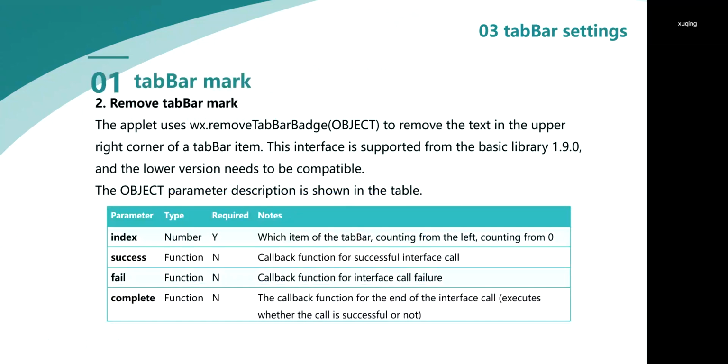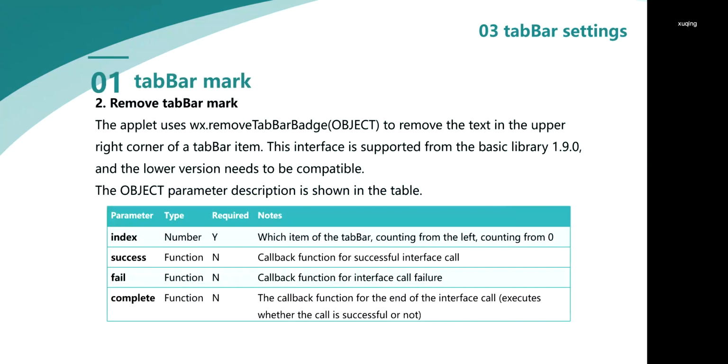For removing the Tabbar mark, we use WeChat remove Tabbar badge to remove the text in the upper right corner of a Tabbar item. And this interface is supported from the basic library 1.9, the same thing as the previous one, and the lower version needs to be compatible. Here we have a description of this object parameter.